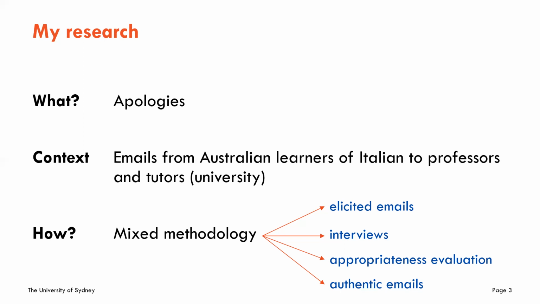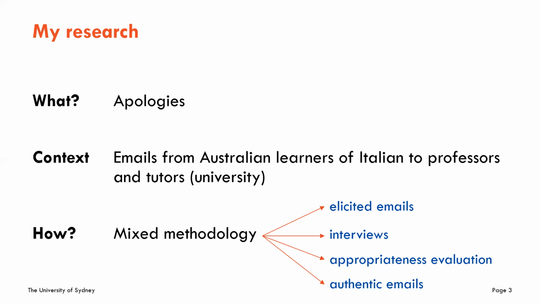To do this, I have a mixed methodology. So 4 principal methods looking at elicited emails by the learners and the 2 native speaker groups. So this is through an elicitation task. I then have follow-up interviews with the learners of Italian to discuss what they did in the elicited emails and to get a bit more of an understanding of why they made the choices that they did.